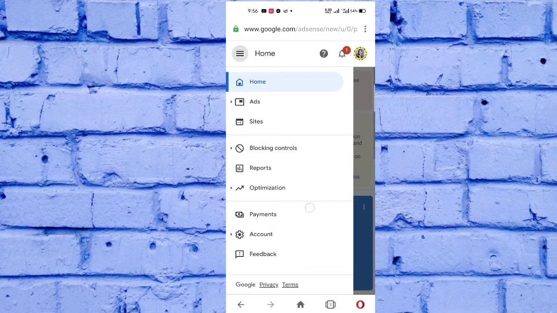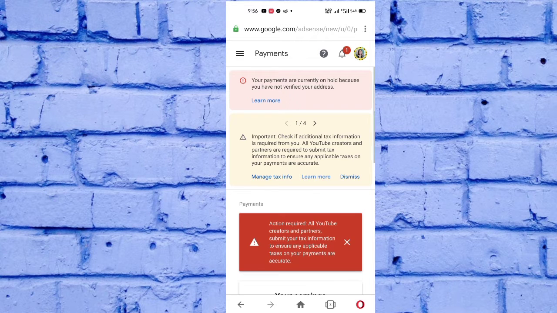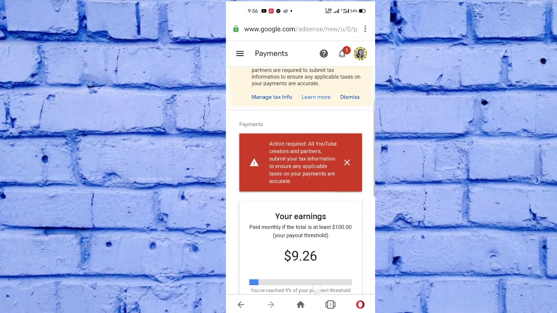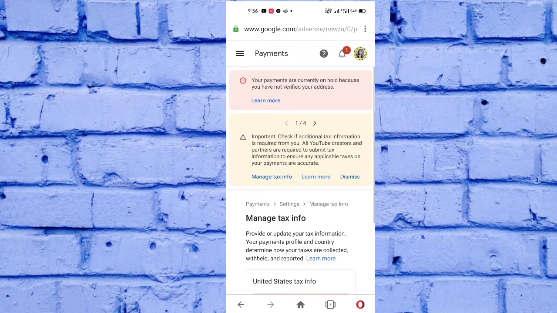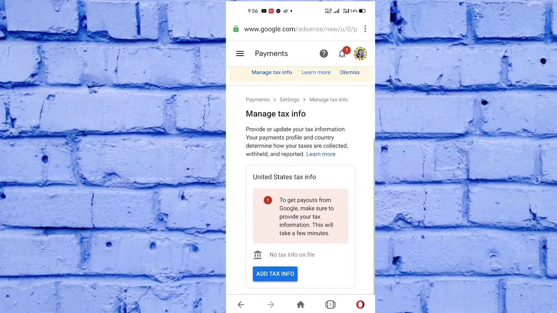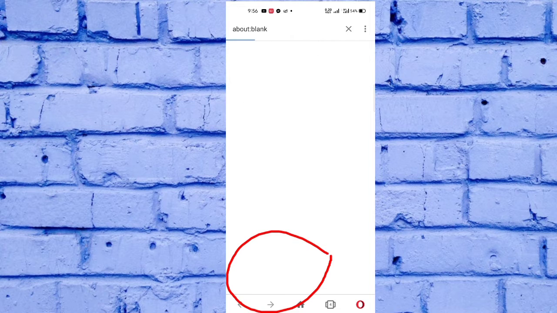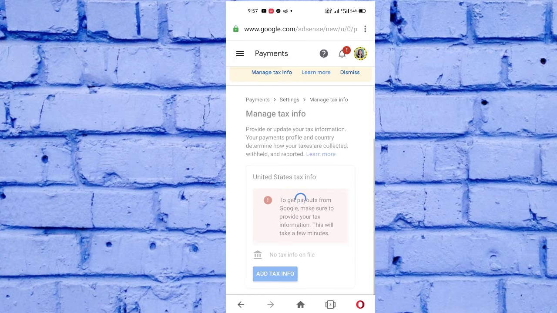Punta po tayo sa payments. Ito po, manage tax info. Yan. Meron po dito mga 6 question or need na i-fill up. So, add tax info. Then, enter your email address and your password of your Google AdSense.